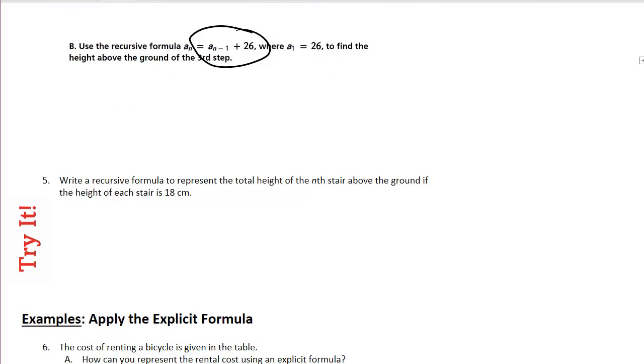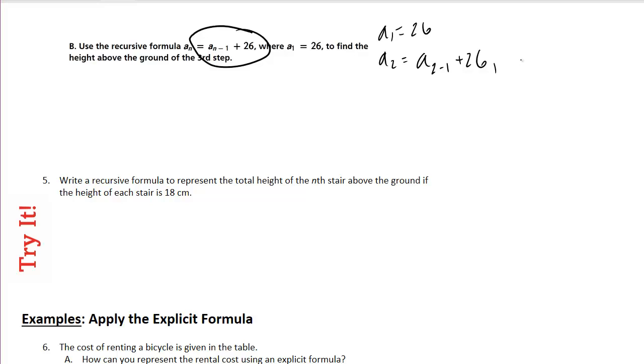So if we look at this example down below, using the recursive formula, where a sub 1 equals 26, we want to find the height of the third step. So we're going to go ahead and evaluate that. I know that a sub 1 is 26, and I know that a sub 2 would be equal to my formula, a sub 2 minus 1 plus 26.